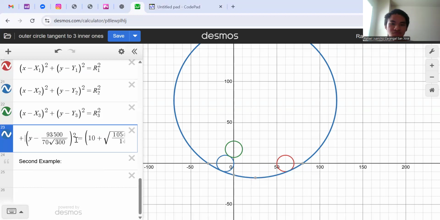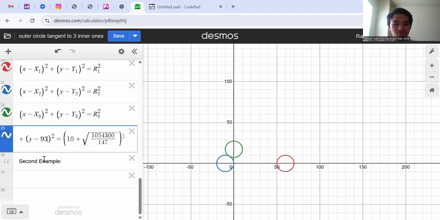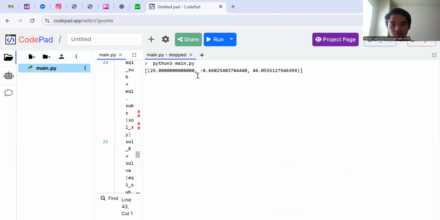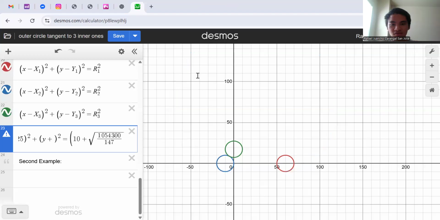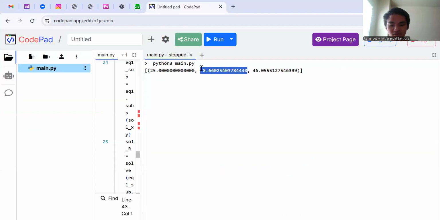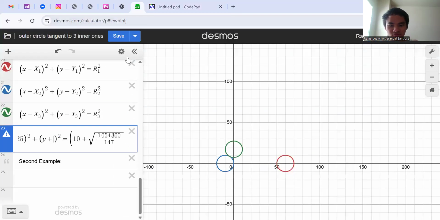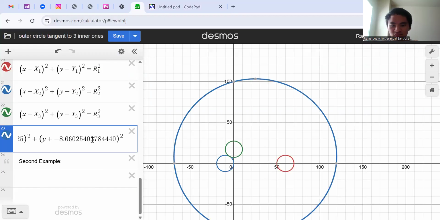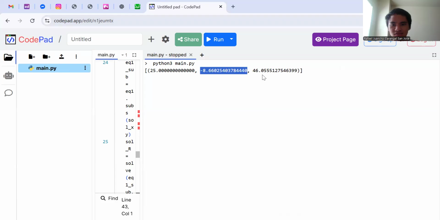Yeah, so it's, maybe do a plus, right? I think if I just copy paste it, yeah, but it's numeric though. Yeah, there, and then if I treat this as 46.